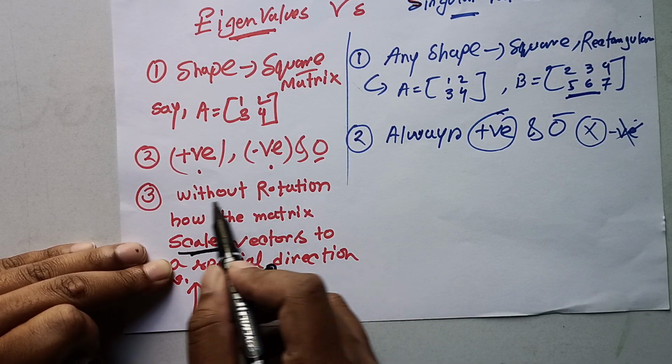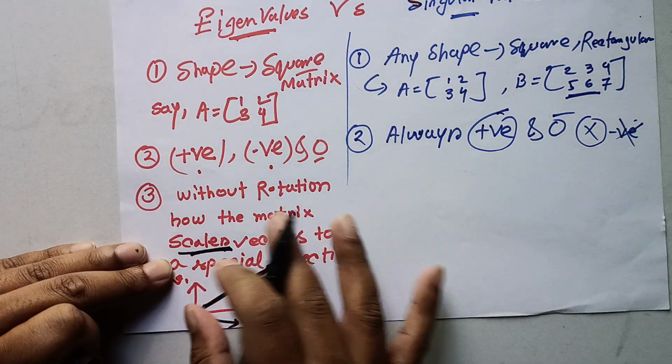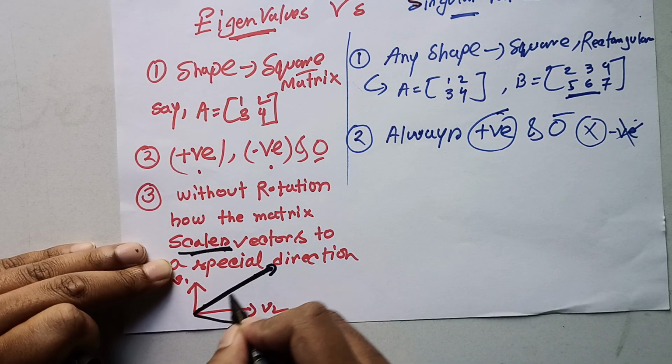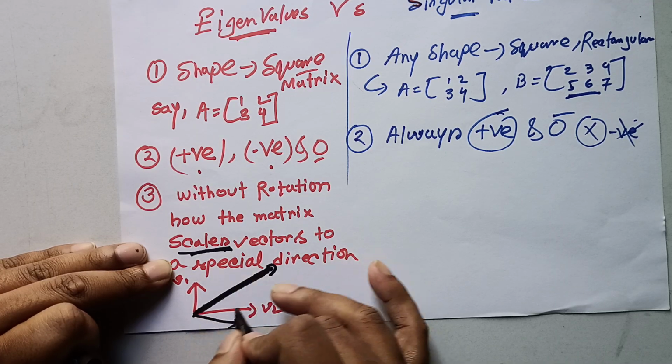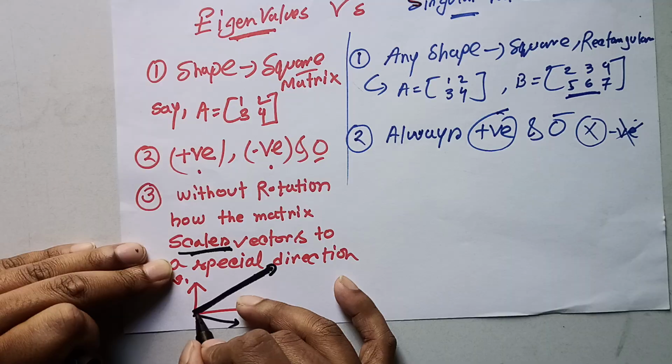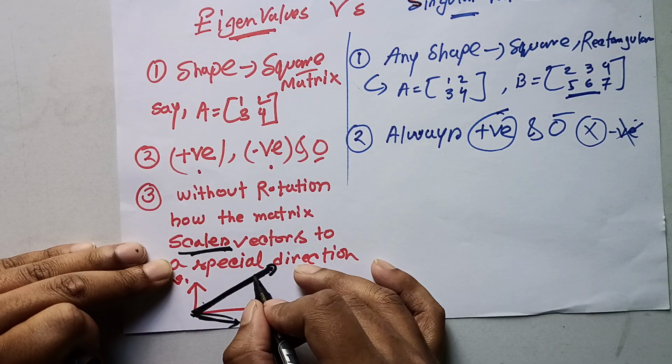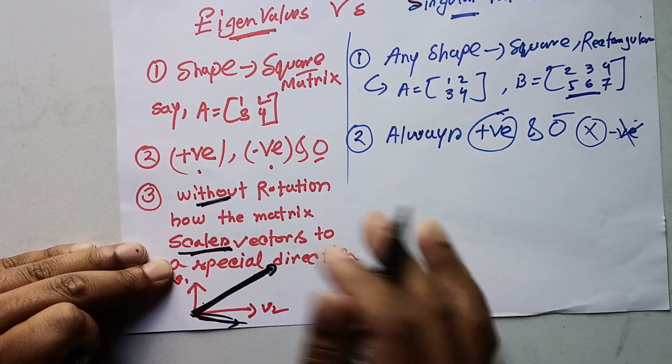So without any rotation, we can extract from a matrix scaled eigenvectors, without rotation.